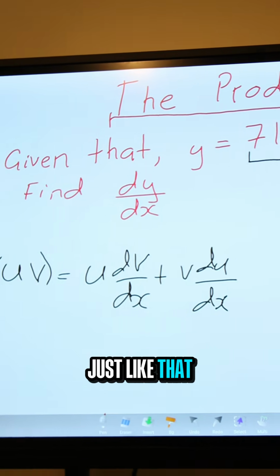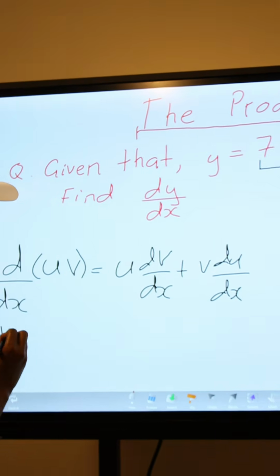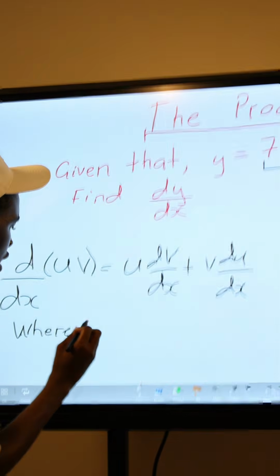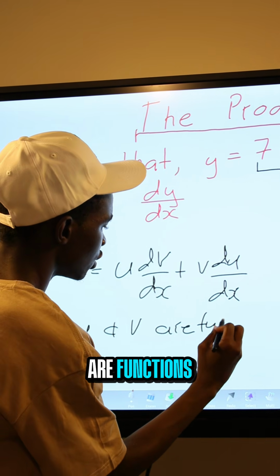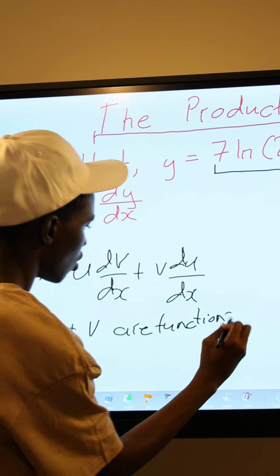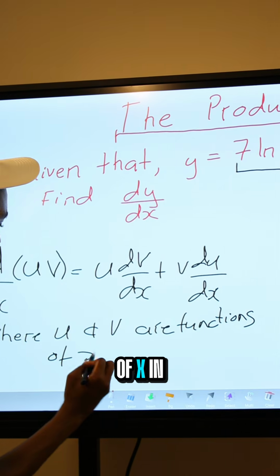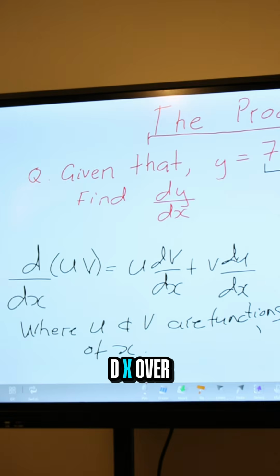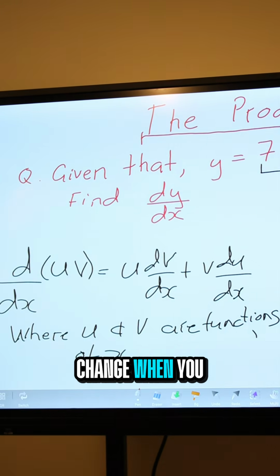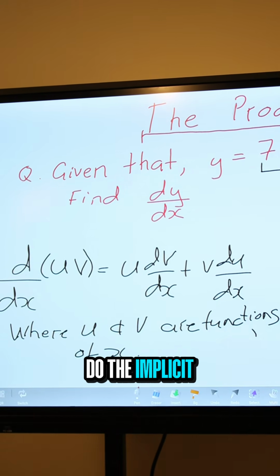Just like that. Where u and v are functions of x. In this case, I'm saying they are functions of x because you are saying dx over there, but it can change when you do the implicit.